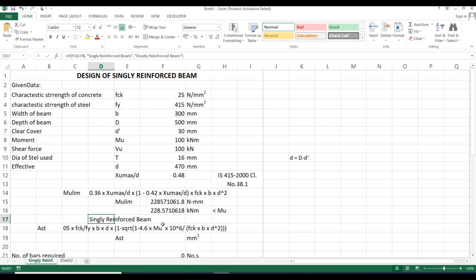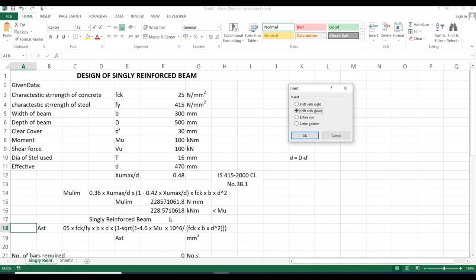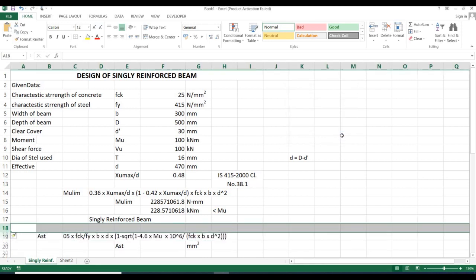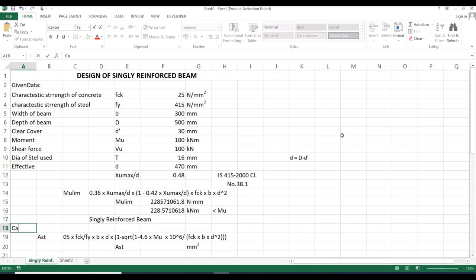So in that case, the next step is the calculation of the area of steel required.